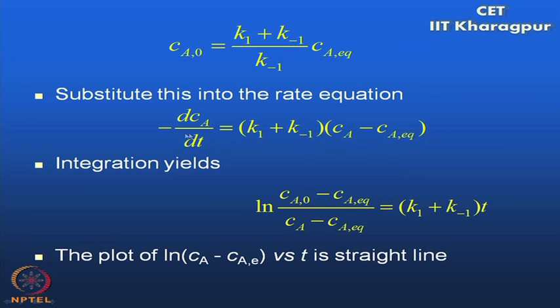dCA/dt with a negative sign is equal to (K1 plus K minus 1) times (Ca minus Ca equilibrium). Okay, this is the concentration of A at equilibrium, when the backward and the forward rates are equalized. Upon integration, we get this.